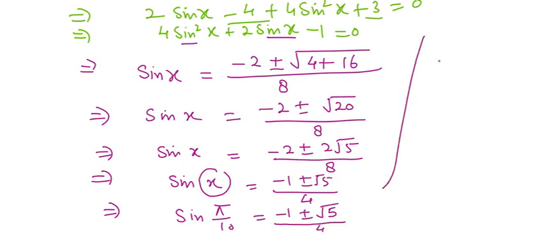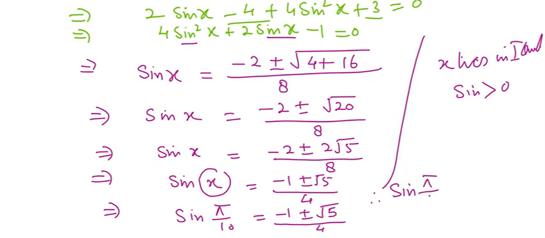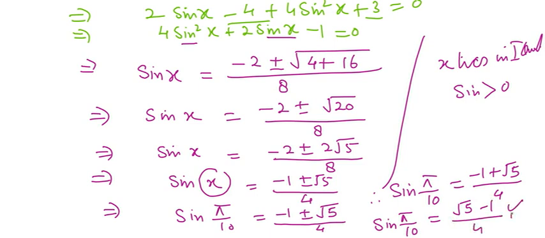Since here x lies in the first quadrant, therefore sin x will be positive, so we should take only the positive value. Therefore sin pi by 10 will be equal to minus 1 plus root 5 upon 4. It may be written as: sin pi by 10 is equal to root 5 minus 1 upon 4. Okay, that's over.